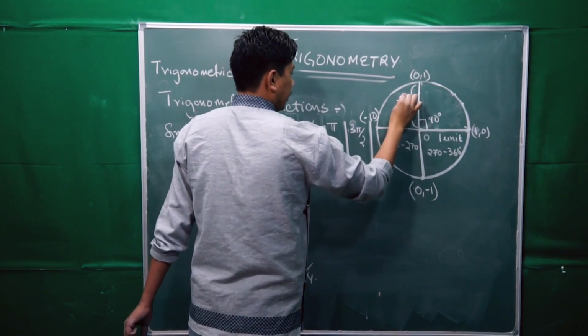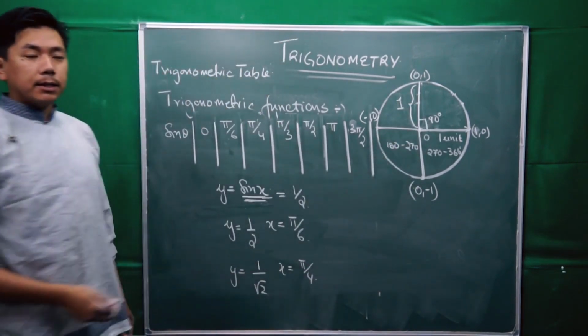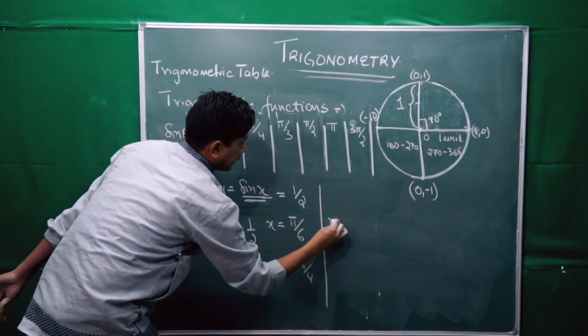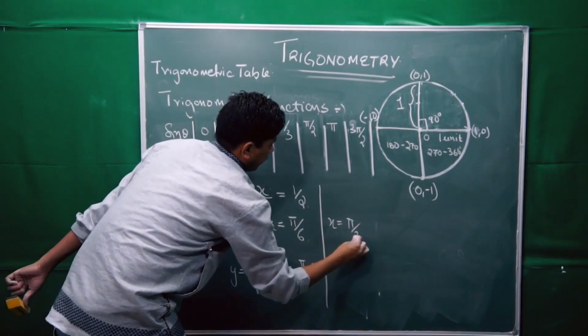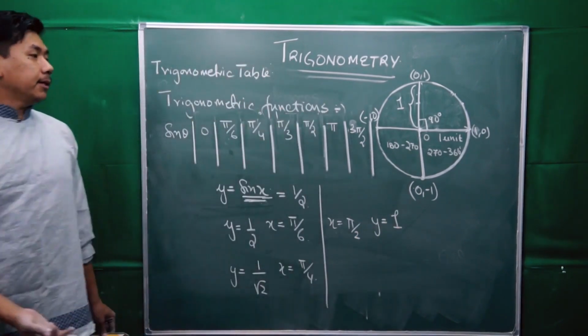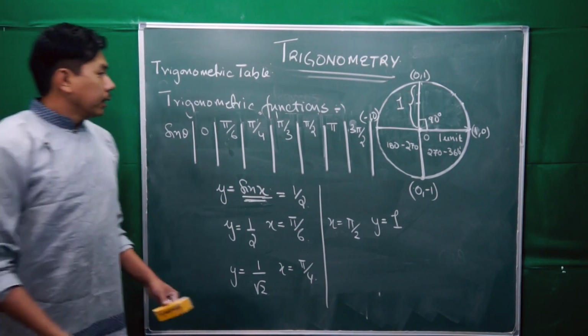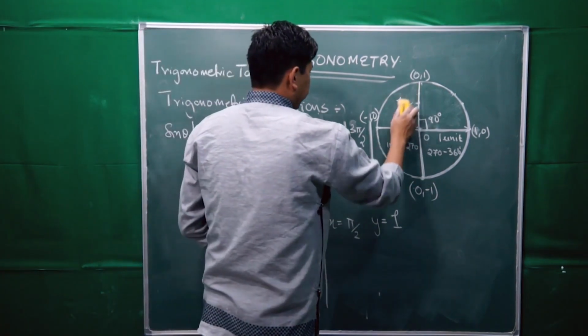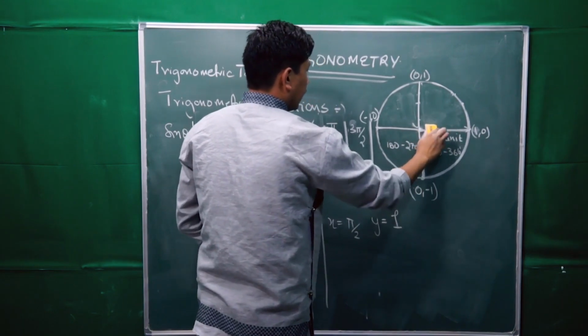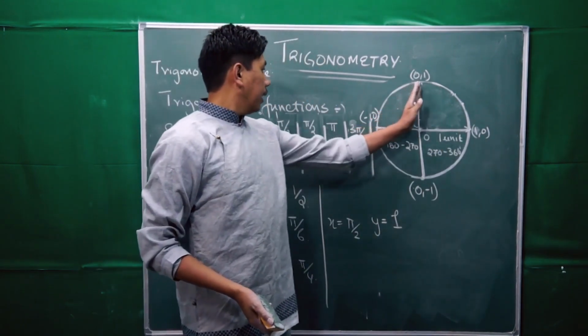It is unity. It is 1. Okay. So for x equals pi by 2, y equals 1. Is it clear? Alright. Now I'm trying to change the angle further and further. Let's say instead of 90 degrees, I increase it.